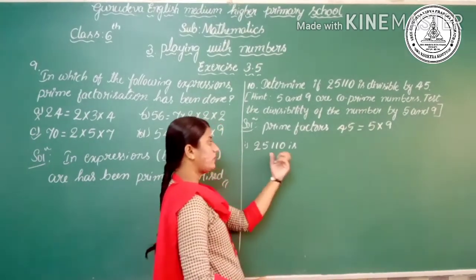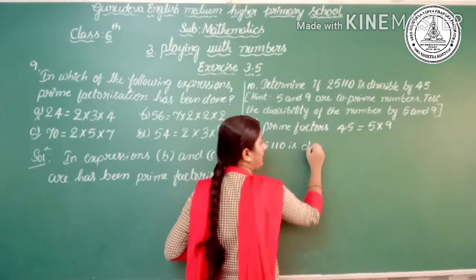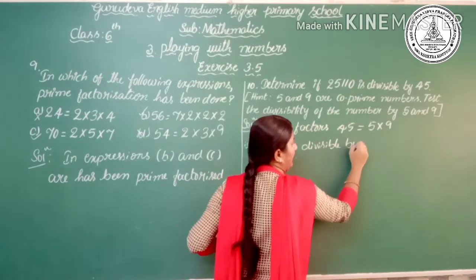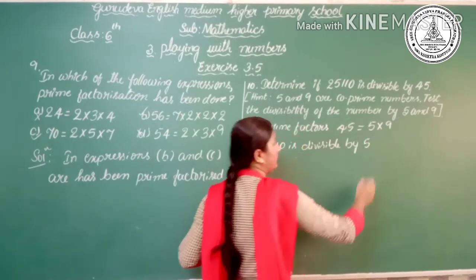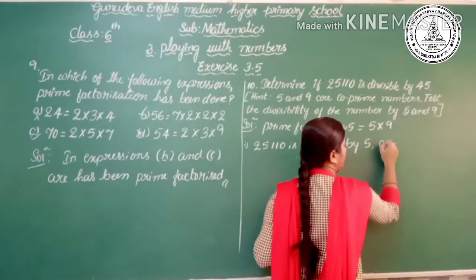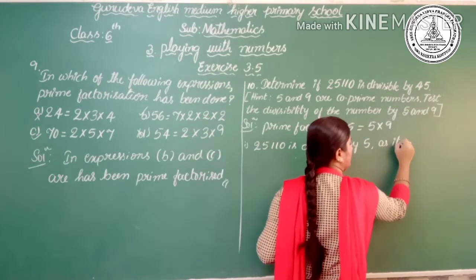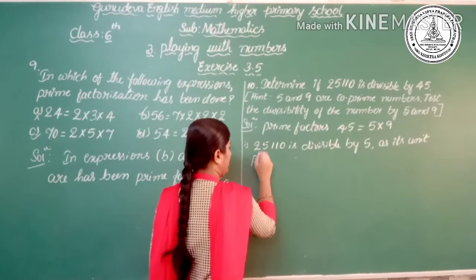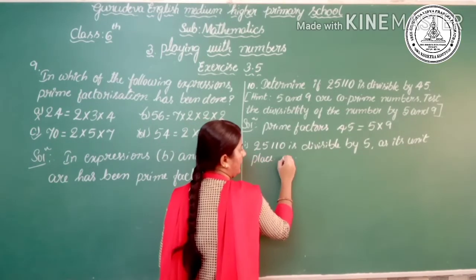Okay, 25,110 is divisible by 5 as its unit place has 0.